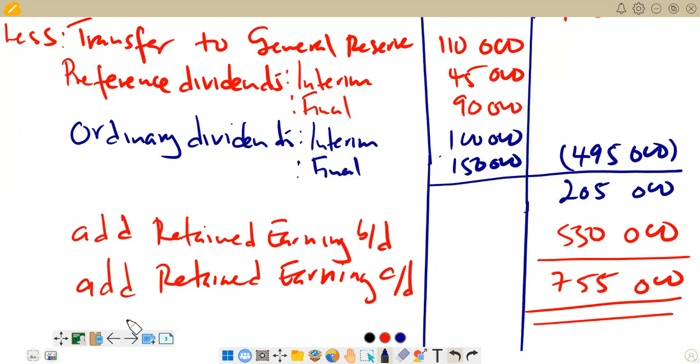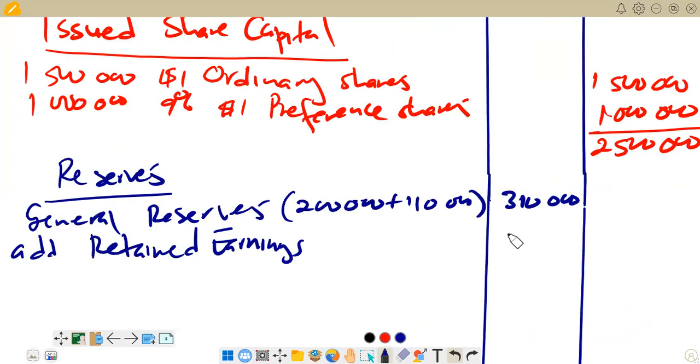So we are going to add it: 755,000. So that's what we have there in terms of reserves. Then we can add 310,000 plus 755,000 and get 1,065. So here we have 1,065.